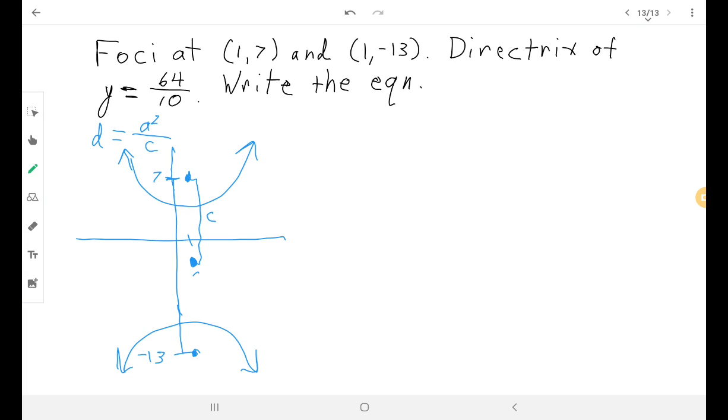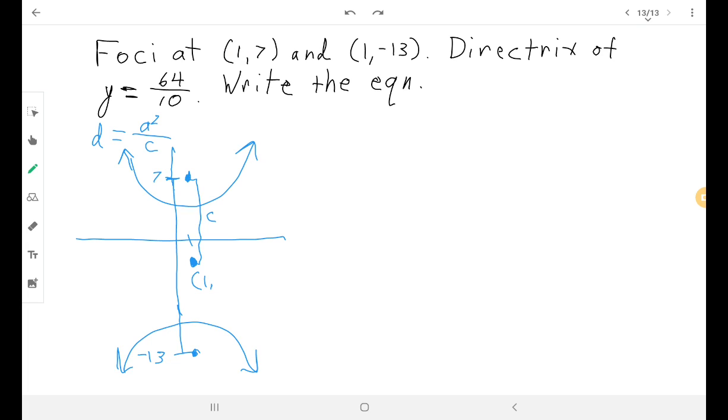Well, I know the x value of that center already, because we're only traveling up and down to get that c value. So I'm not traveling in the x direction at all, so that x coordinate is going to stay 1, as you can see there.